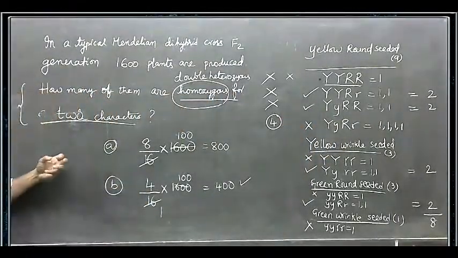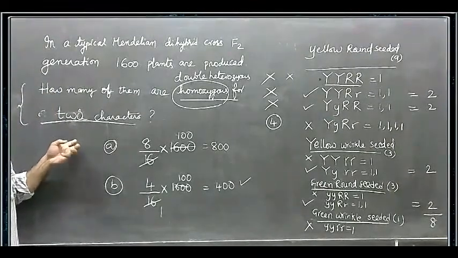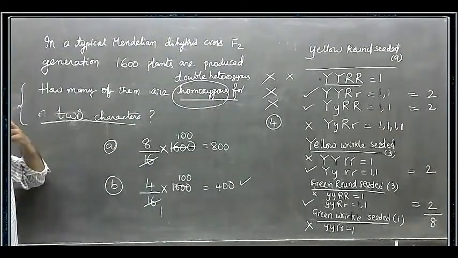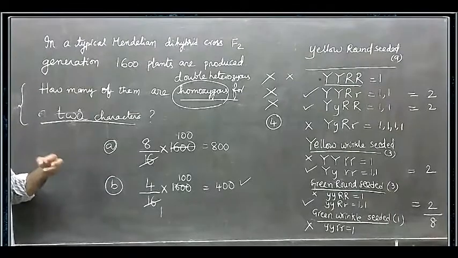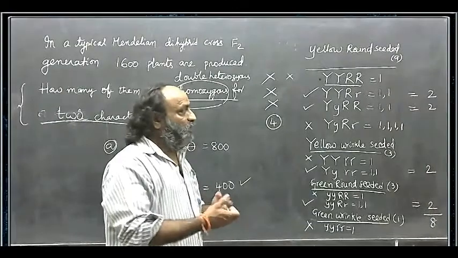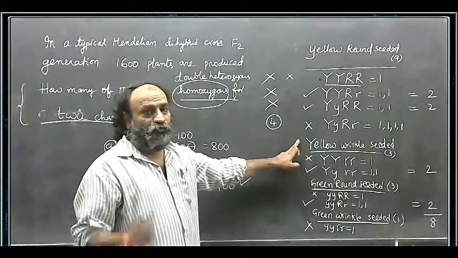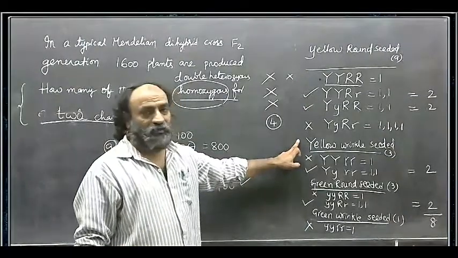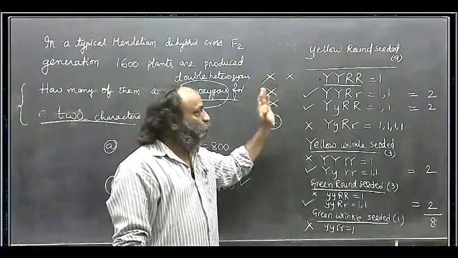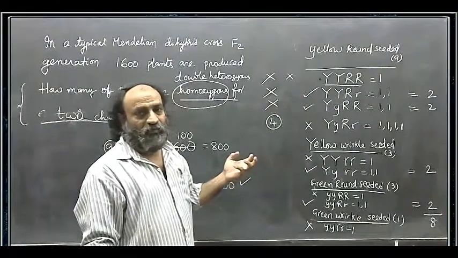So in this sense, you are going to get objective questions in NEET examination. First, you must be thorough with the checkerboard of a dihybrid cross, and you must take patience to note it down, even for getting 4 marks. Getting 4 marks is not easy. So we need patience to put it on your paper. You have rough space available.